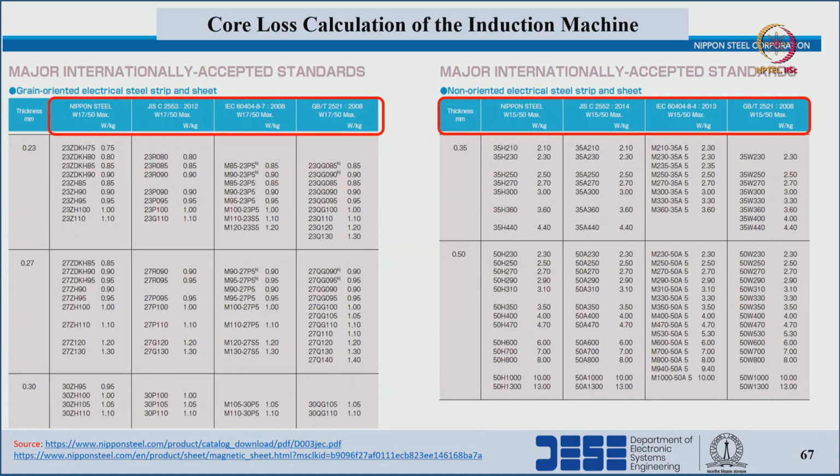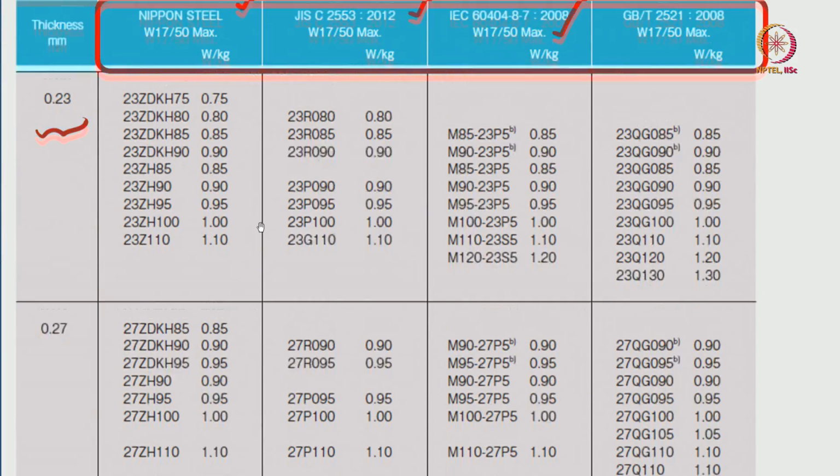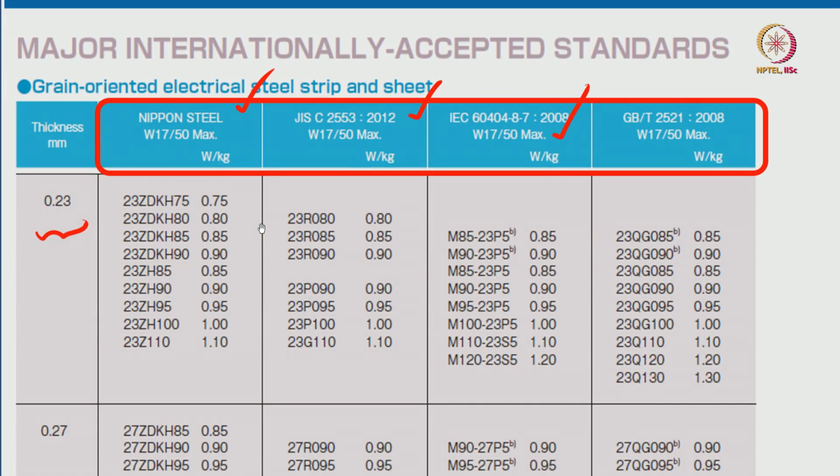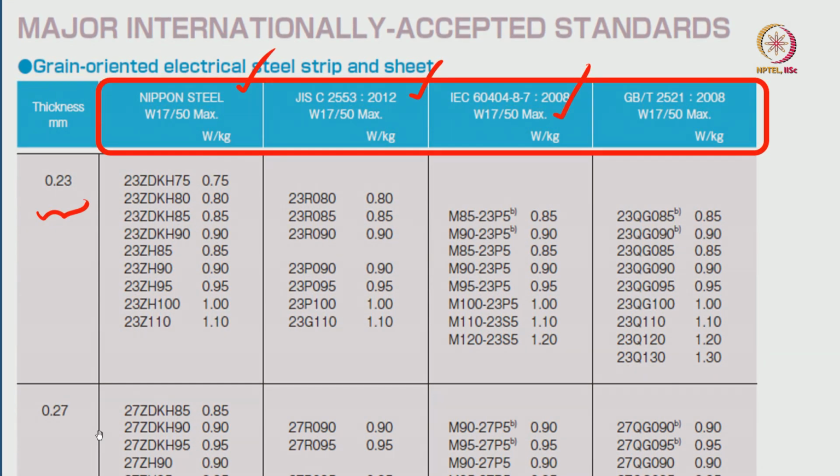Similarly, if we look at the other data sheet, the Nippon Steel Corporation data sheet, with different variations with respect to 0.23 thickness, JIS steel and IEC 60404 steel, we can see here different steels at different thicknesses of the material, and what the specific loss in watt per kg is.